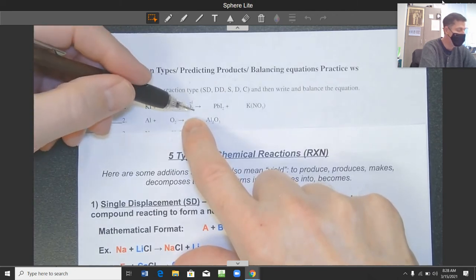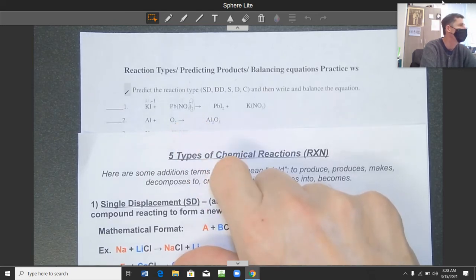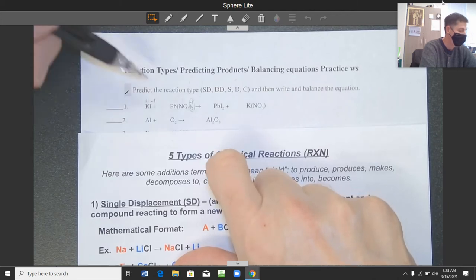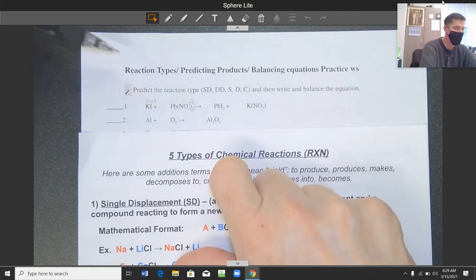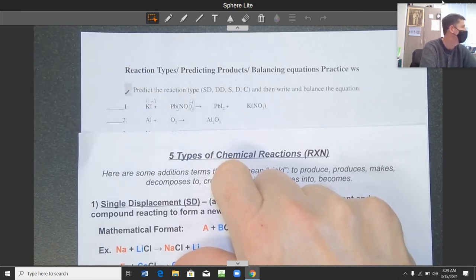I've got two NO3s. So what's my total negative charge? Negative 2. How many lead atoms do I have? 1. Well, what number's down here? If there's nothing written, what's implied? 1, right?